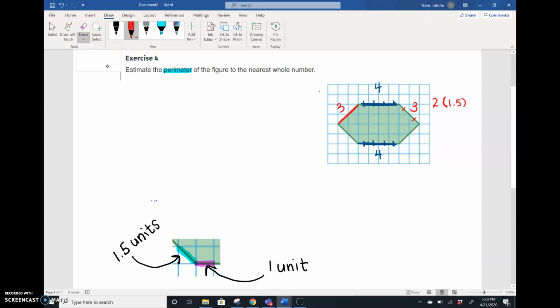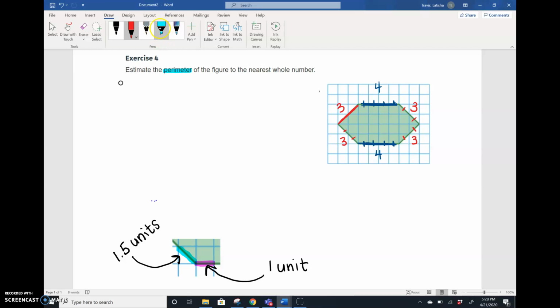So that's 2 different ways to figure it out. You can add up 1.5 as many times as you need to, or you can multiply to make it go more quickly. And then you have your 2 on this side for 3 units long as well.